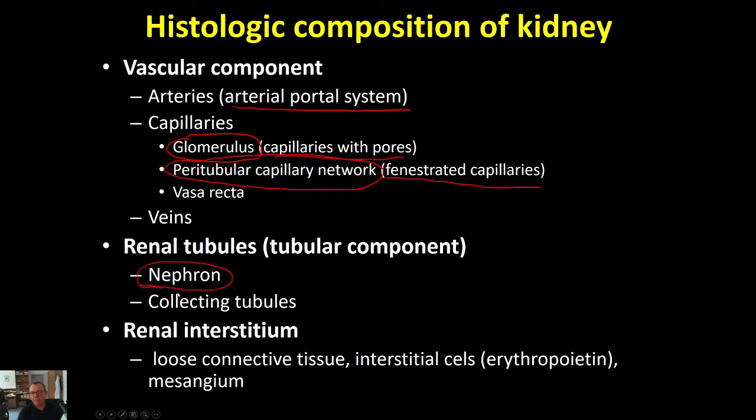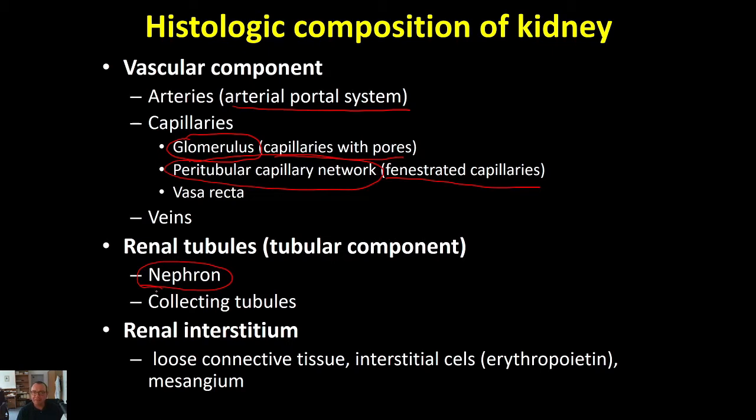Nephron is the main functional and structural unit of a kidney, and it contains several tubules which have one embryological origin. They originate in so-called metanephric blastema, but in time you will hear the special lecture about the development of kidneys, so let's wait for this.